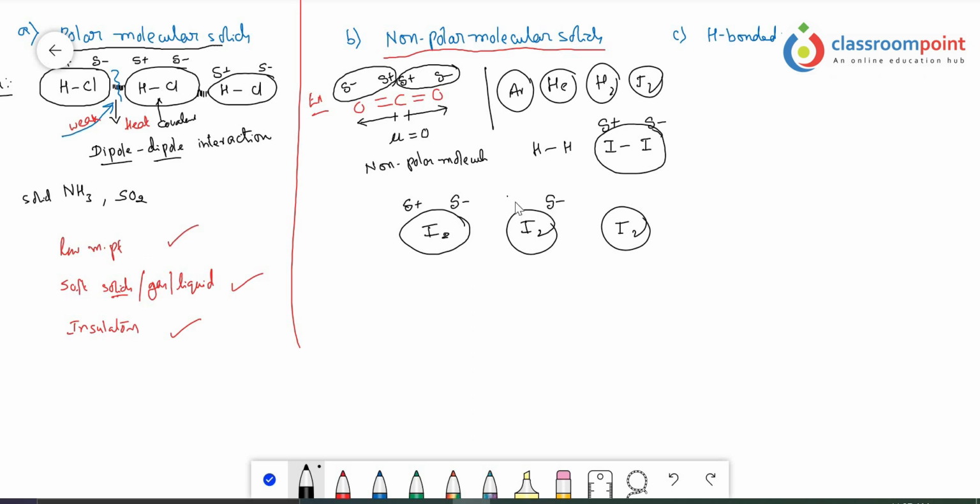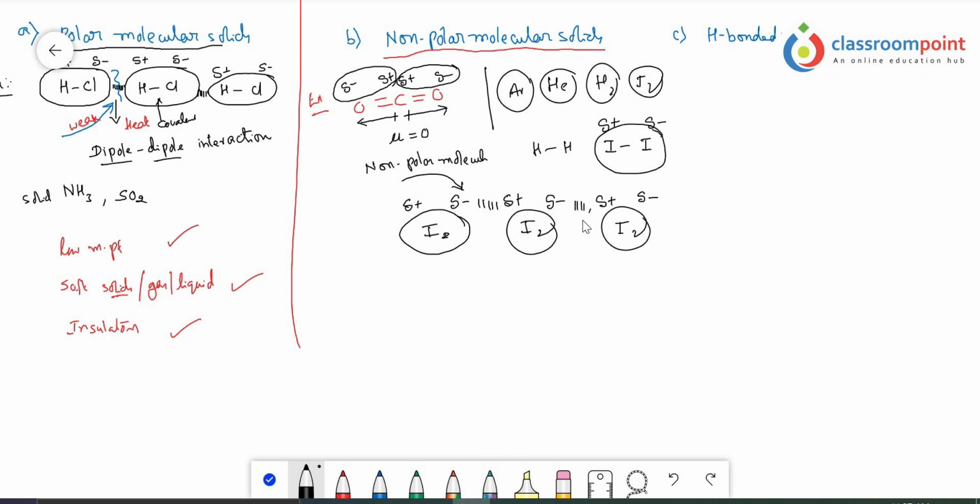So electrons will come this side, and a partial positive charge will be formed over here, and here also similar charges will be formed. These are called instantaneous dipoles. Instantaneous dipoles are dipoles that form for a moment and immediately disappear. When they form, immediately some attraction forces arise.